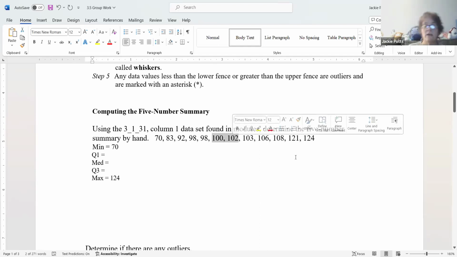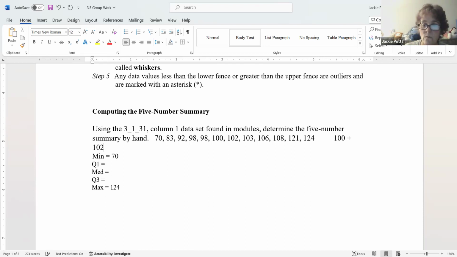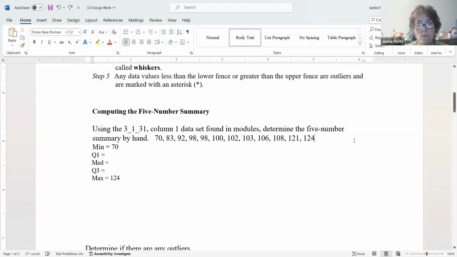So since this is even, I've got to add those two together. 100 plus 102 equals 202, which I now divide by 2, which is 101. So my median here is 101.